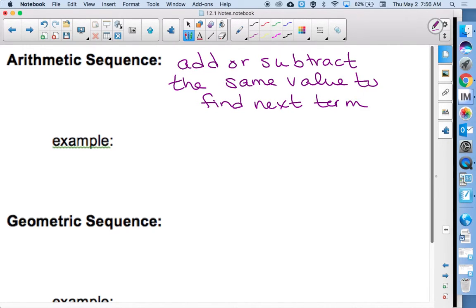So if you say you're adding 4 to get to the next value, you have to be adding 4 every single time. So if I was adding 4, I could have 4, 8, 12, 16, 20. That would be an example of an arithmetic sequence. Every single time you're adding 4 to get to the next value.